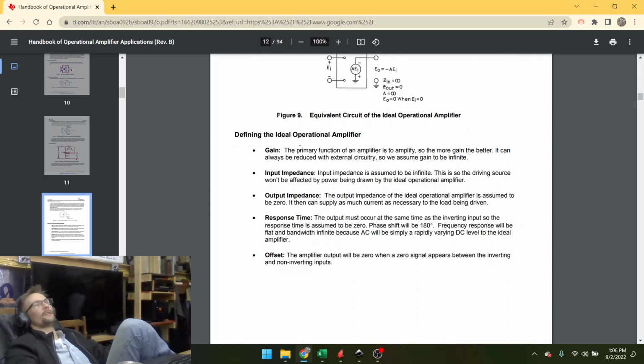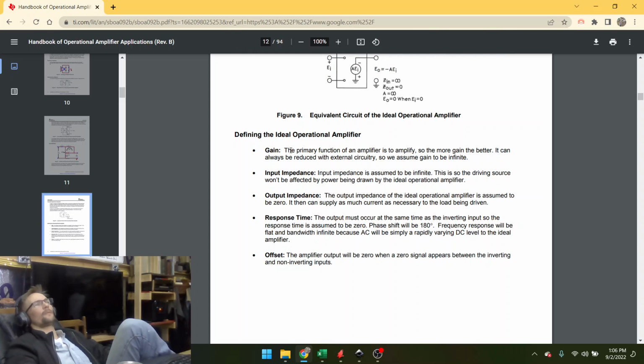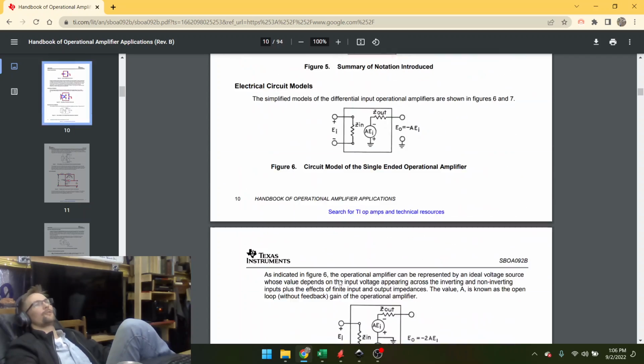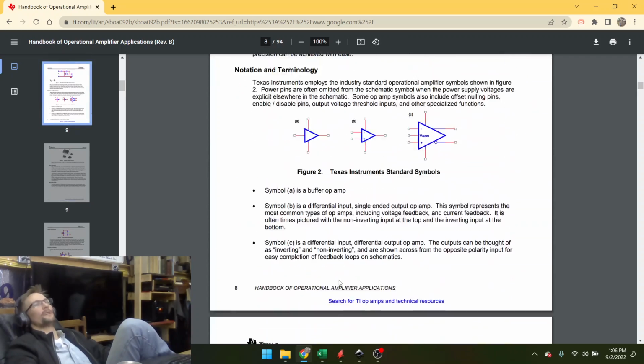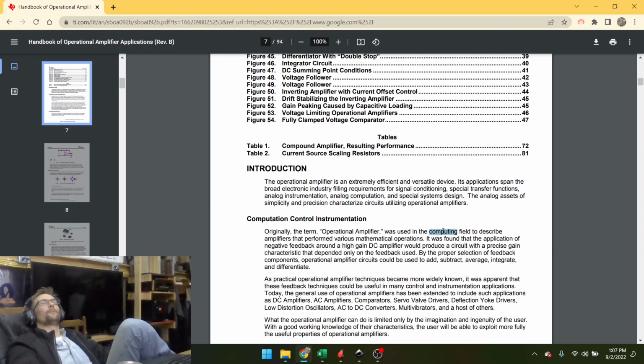Because given a device that is an amplifier that has these ideal characteristics, electrical engineers have been using said device in computing circuits since before you were born. I was born, long time.